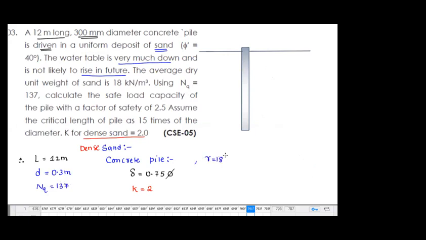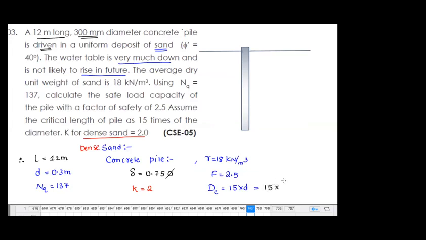Gamma is given as 18 kilonewton per meter cube, and factor of safety as 2.5, and assume the critical length of pile is 15 times the diameter. I already told you, this is a previous ESE mains question, but if they give it in a GATE question also, they will give you the relevant data, because the people know that there is an ambiguity. If they don't mention anything, that's a different issue.